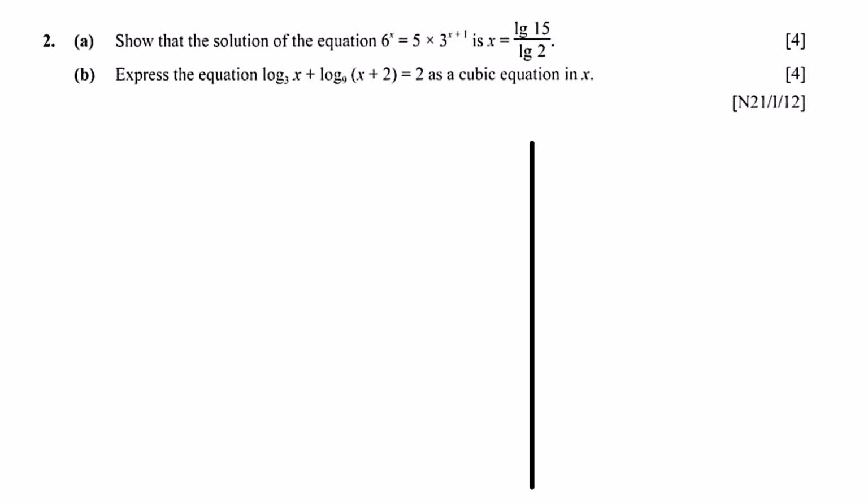Alright, let's look at the next one. So for the next question, you are given an equation involving index notation: 6 to the power of x equals 5 times 3 to the power of x plus 1. And you are asked to find the value of x in logarithmic form.